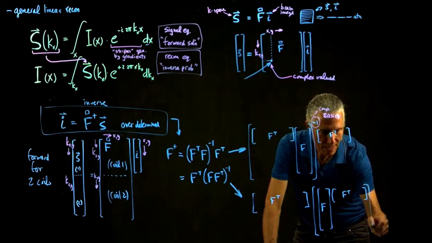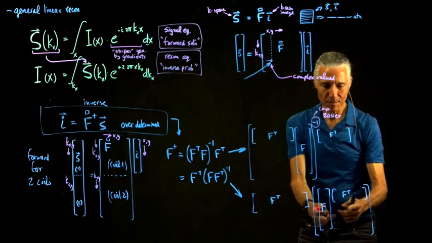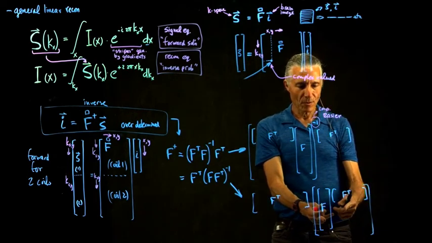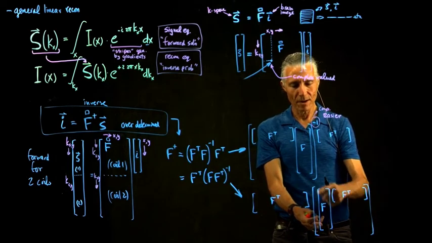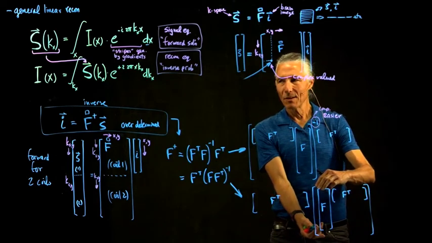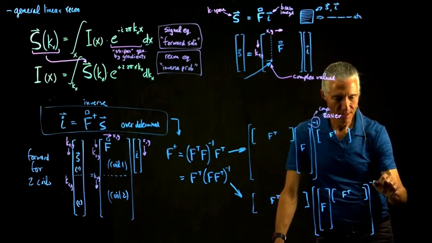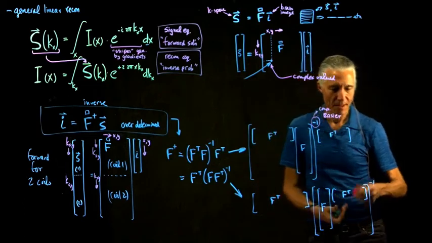And unfortunately, when you do this matrix multiplication, you get a square matrix that's square in the long axis, and so this one is much worse.